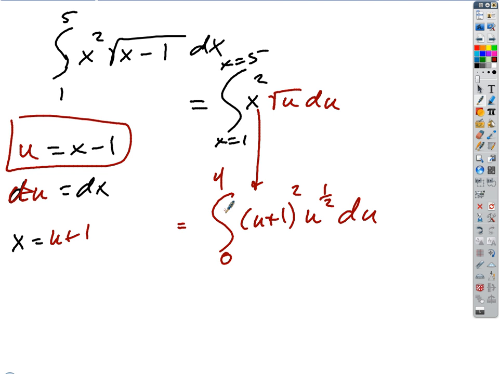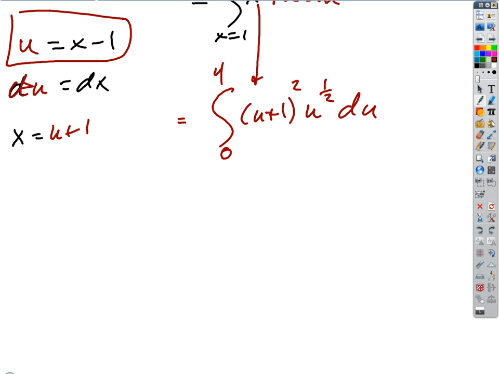Yeah, we're going to have to expand the u plus 1 squared, aren't we? Get 3 terms, distribute the u to the 1/2, and that makes it really simple. Then that just makes it 3 terms that have fractional powers. It's not a big deal. We'll just use the power rule, right? Make sense? Okay, so this ends up looking like, so we're going to get what?